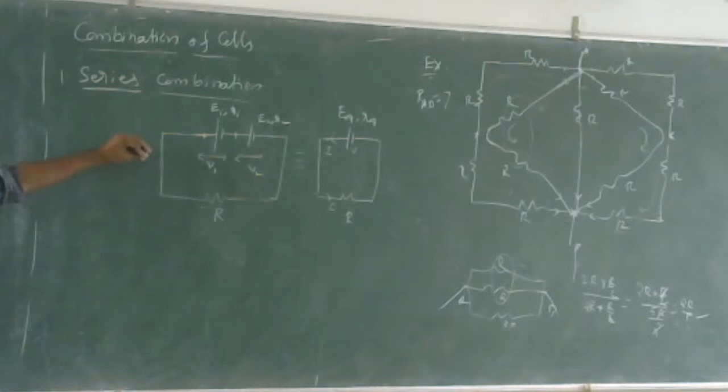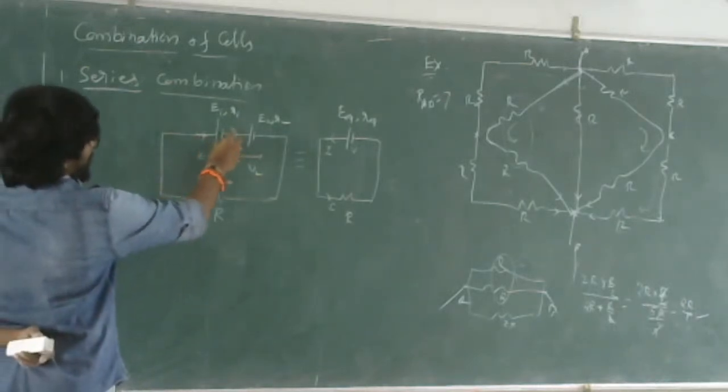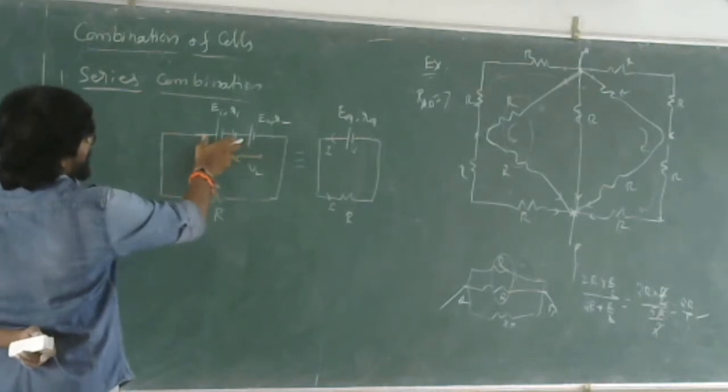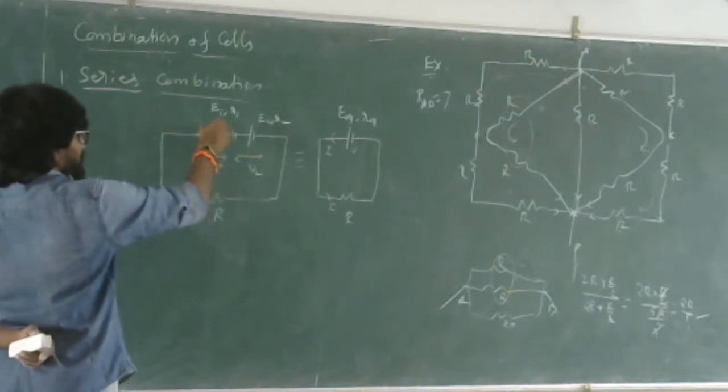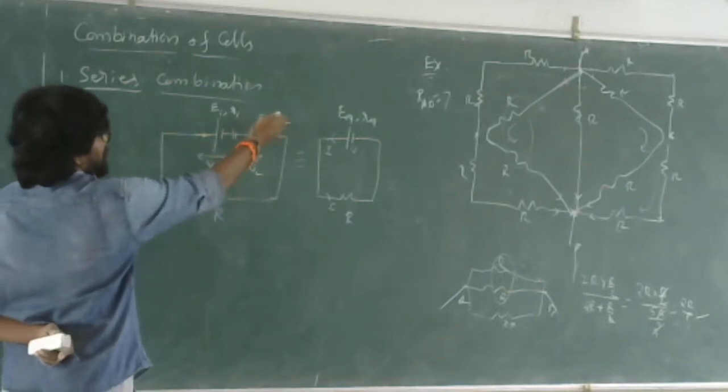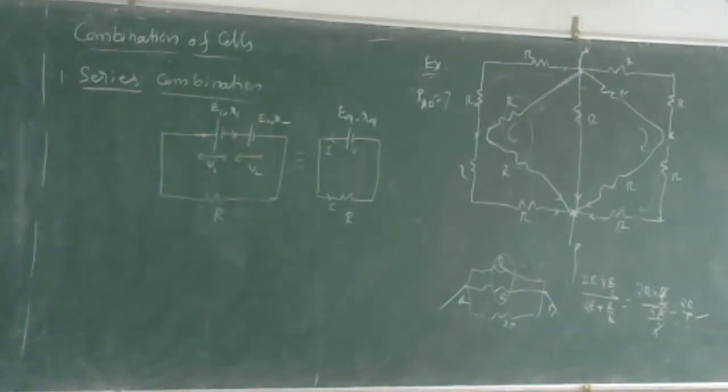Here you have to understand a little carefully. By making use of the expression for terminal potential difference, the terminal potential difference of this is V1, which is E1 minus IR1. If I is coming across, this will be E2 minus IR2.